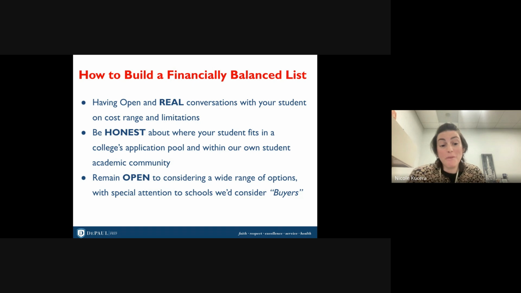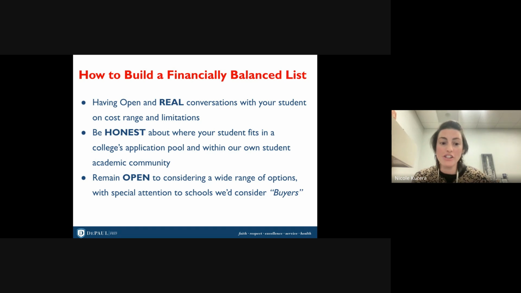And then really remaining open to considering a range of these options. I remember when I learned about Jeff Selingo and buyers and sellers, it was crazy to think about, but it's true. And that's the reality that our families are living in, that these universities are businesses and function that way.